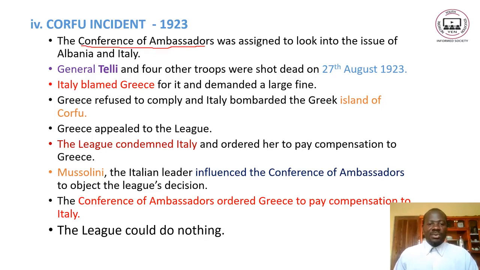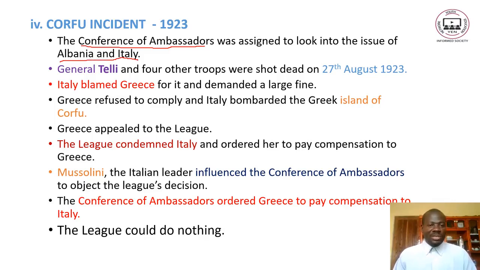If you can remember very well, we said that it was set up to look after the issues that would arise after the Versailles Treaty. Then it was assigned to look into the issue of Albania and Italy.